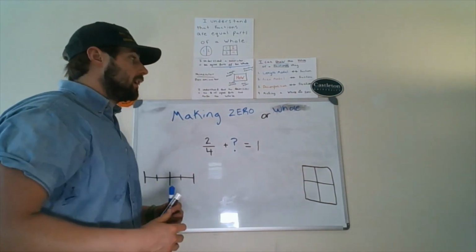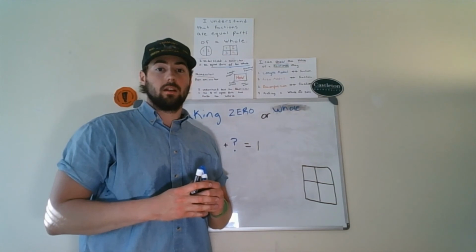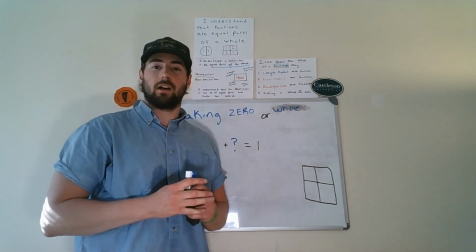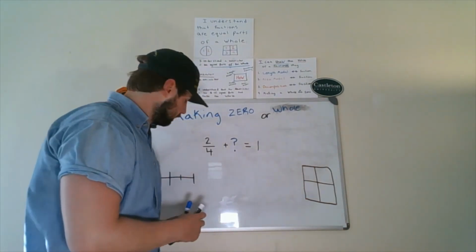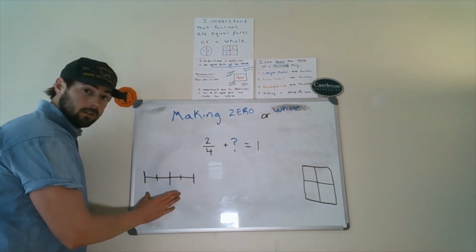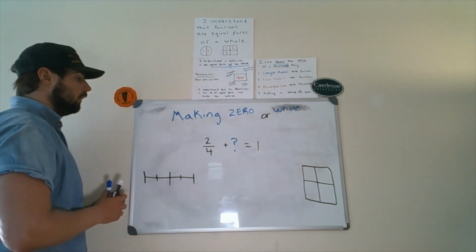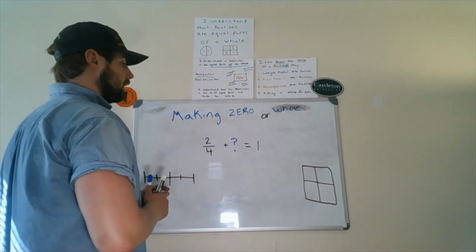So when I'm making 0 or I'm making a whole, it may be a good strategy to use other strategies we're using to understand the value of a fraction, such as the area model or length model. So 2/4 plus what fraction is going to equal 1?